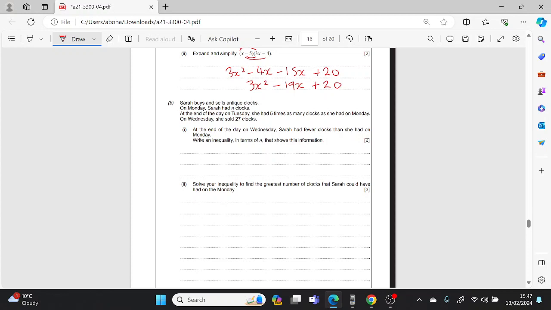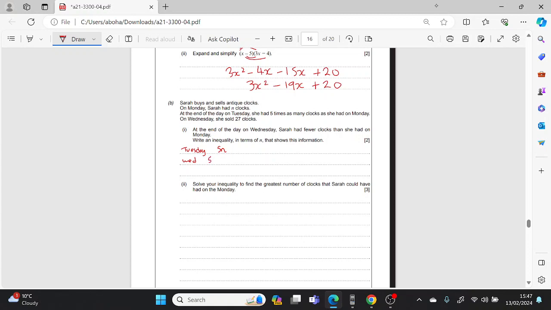Okay, so Tuesday, she had 5 times as many. So on Tuesday, she had 5N. Then on Wednesday, she sold 27. So she's going to have sold 27 less than what she did on Tuesday.